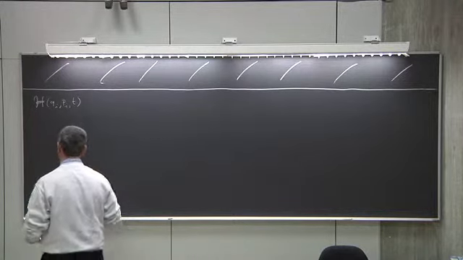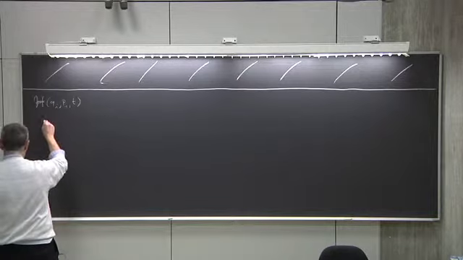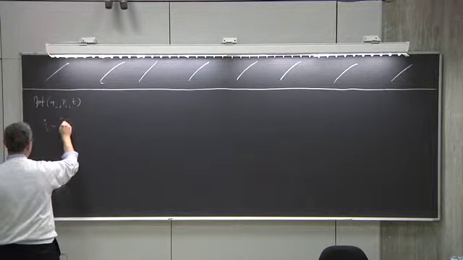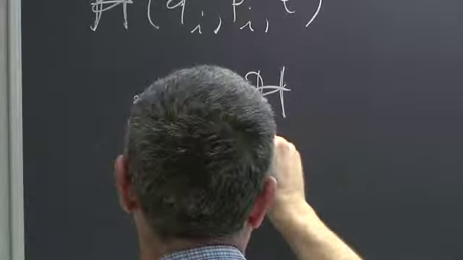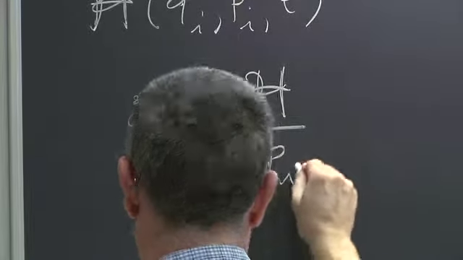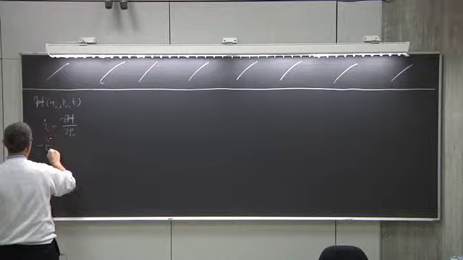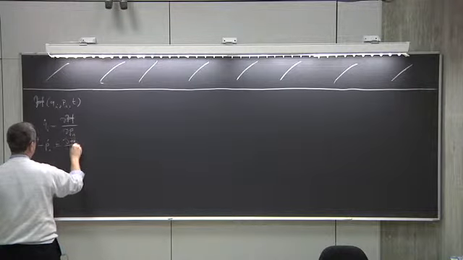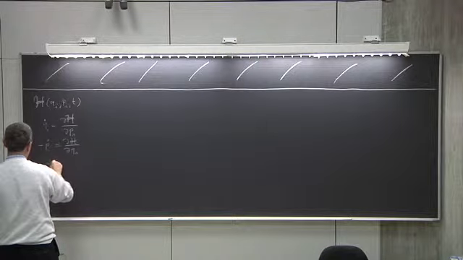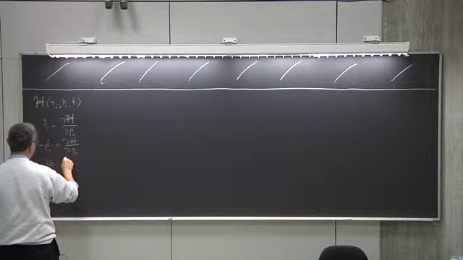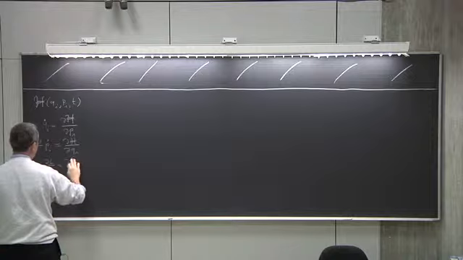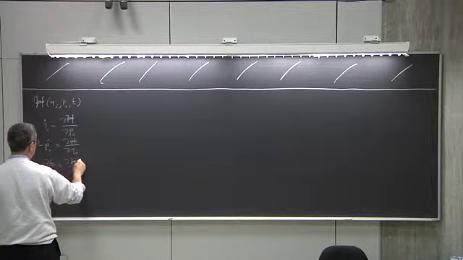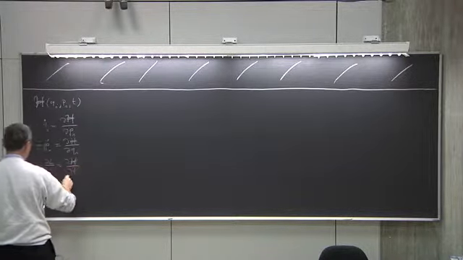Okay, so you have the Qi dot equal to the derivative of the Hamiltonian with respect to Pi, and then you have minus Pi dot, and in case you have an explicit time dependence, you also have that.